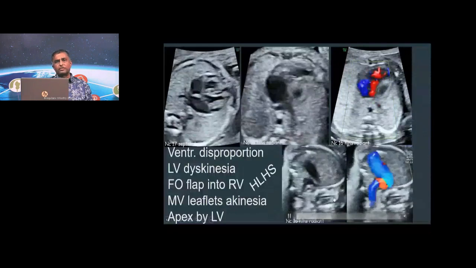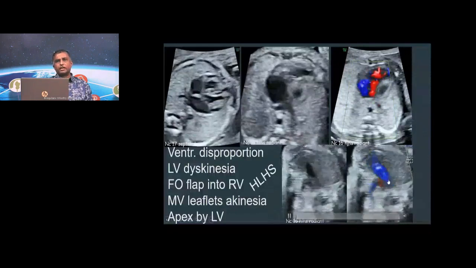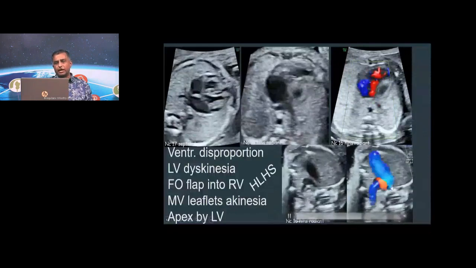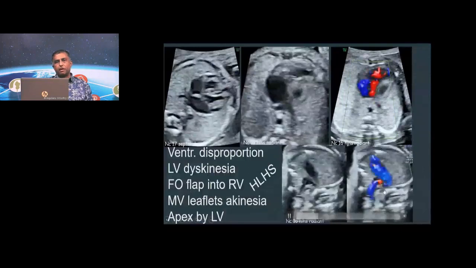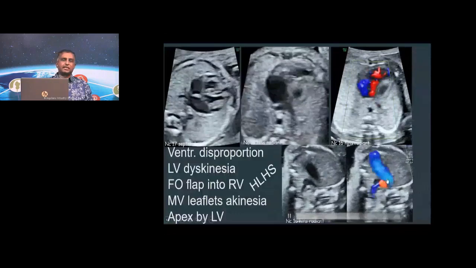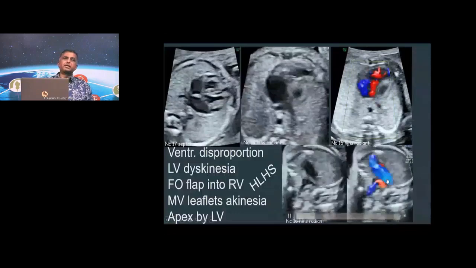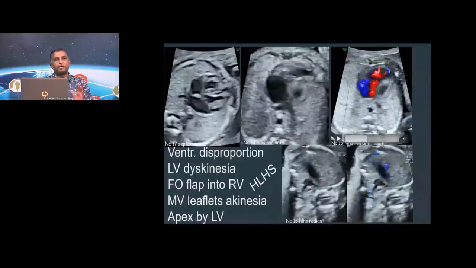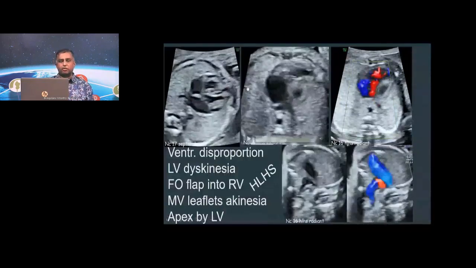When you go on to the three-vessel trachea view, you'll find that the pulmonary artery is taking blood in the normal direction, but the aorta is small. It's taking blood in the reverse direction, telling you that this is a ductus-dependent systemic circulation, and the whole thing fits into hypoplastic left heart syndrome.